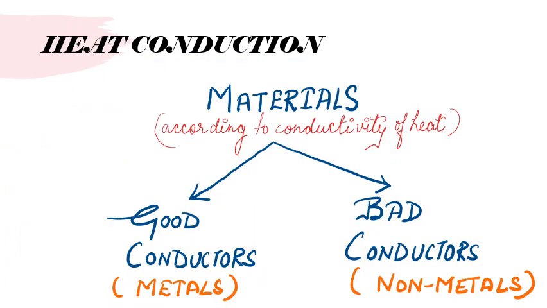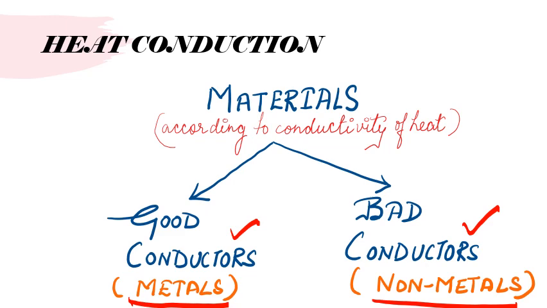According to conductivity of heat, materials can be good conductors or bad conductors. Metals are good conductors of heat, whereas non-metals are not good conductors, but they are bad conductors of heat.